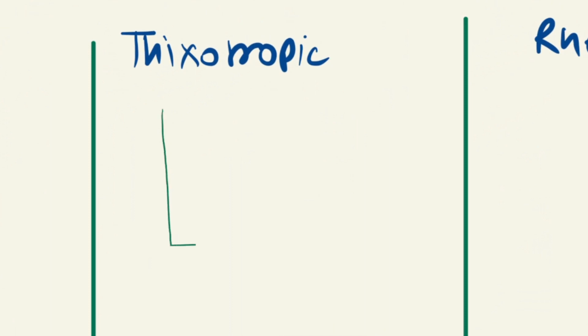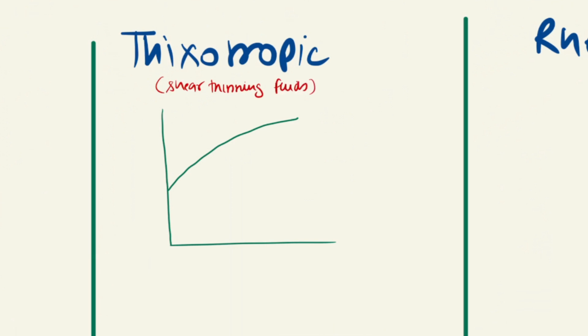The graph would look something like this. I forgot to mention that they are also shear thinning fluids. As you can see from the graph also, these are shear thinning fluids because the slope is decreasing as the strain is increasing.